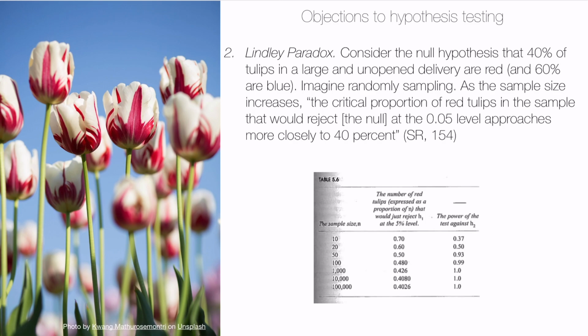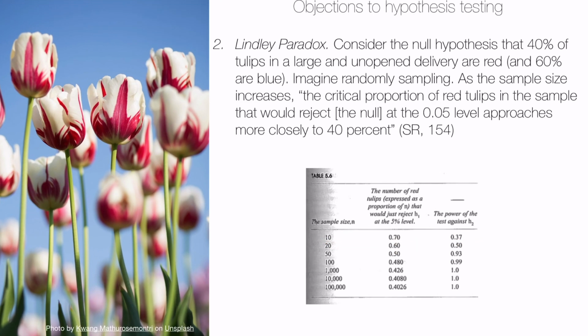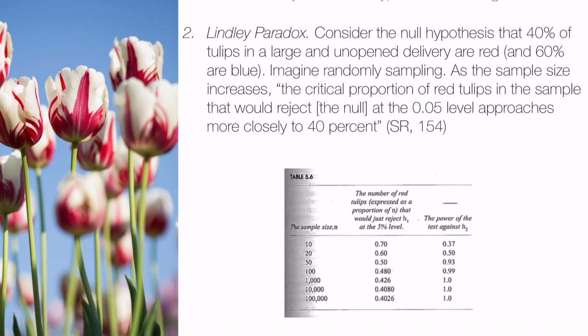And so if we imagined a sample of size 10, that's the first row here in this table. A sample of size 10, to get a p-value less than 5%, it would require a proportion of red tulips in the sample to be 70%. So that means with a small sample, you need a large deviation from 40% in order to reject the null hypothesis.